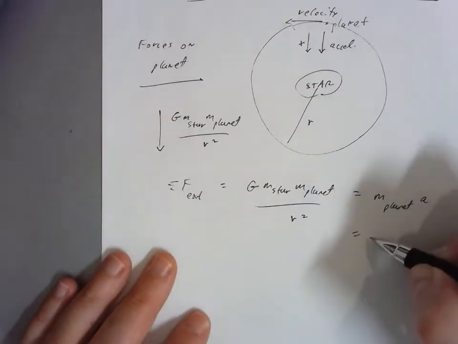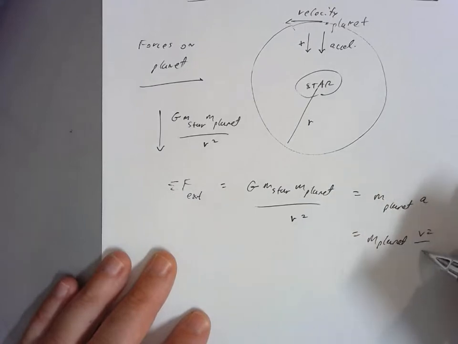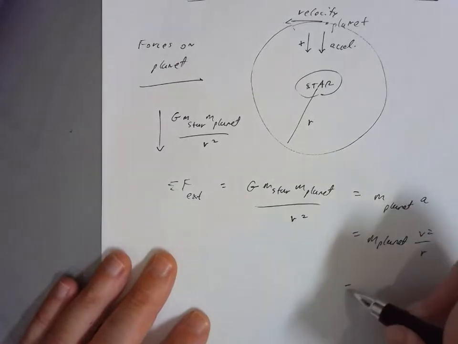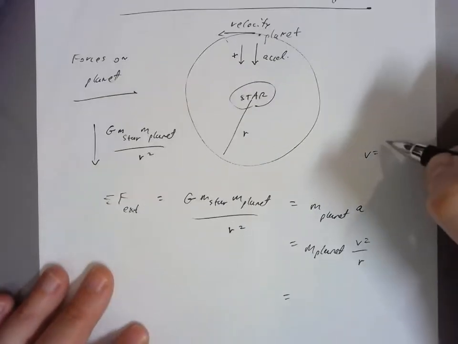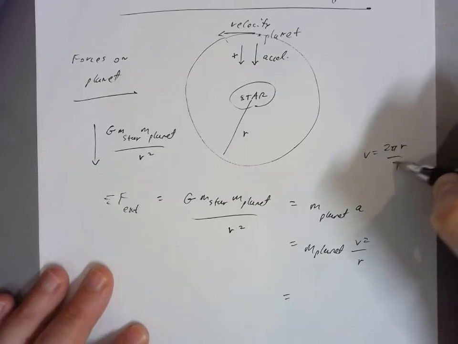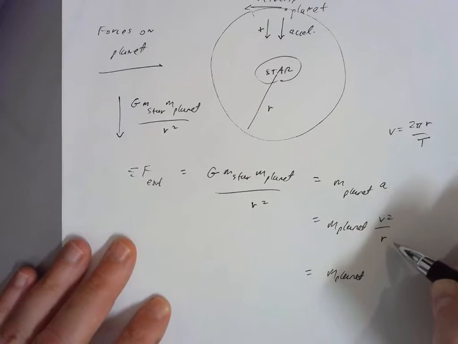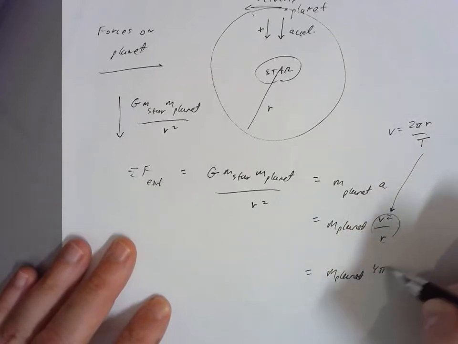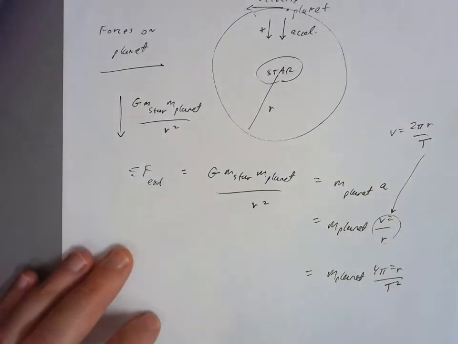Because it's moving in a circle, I can put either v squared over r for the acceleration formula, or because speed is 2 pi r over period, another way to write the centripetal acceleration formula, if I sub that in, is 4 pi squared r over T squared.